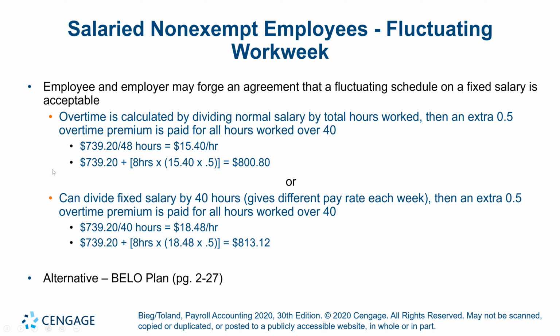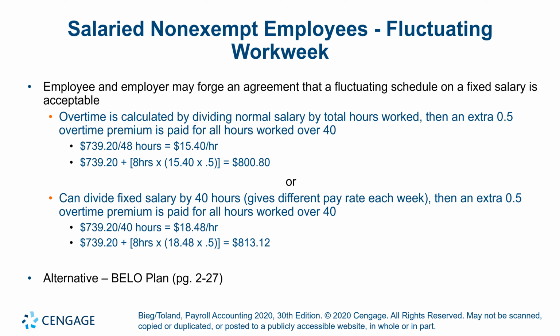And then the other way that it shows us to calculate this, it says we can divide the fixed salary by 40 hours and then add the extra 0.5 overtime premium, which, as you can see, results in about $12 something extra pay, doing it that way.